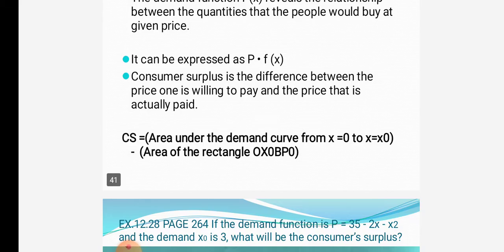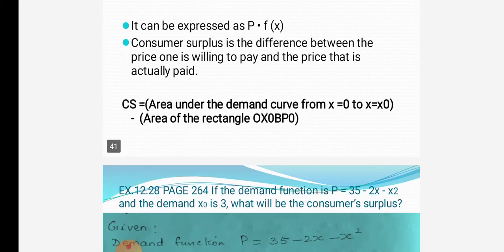Mathematically, when we need to find the value of consumer surplus, we go with this formula: the area under the demand curve from where x is 0 to where the x naught value is given, minus the area of the rectangle. It might be a little confusing for you to understand, but I shall teach you a sum where it would be very easy for you to go through.